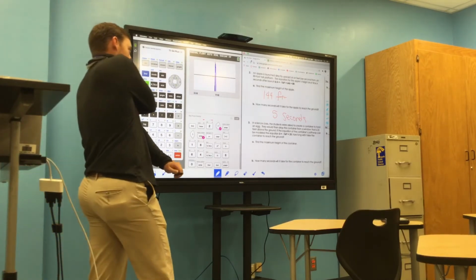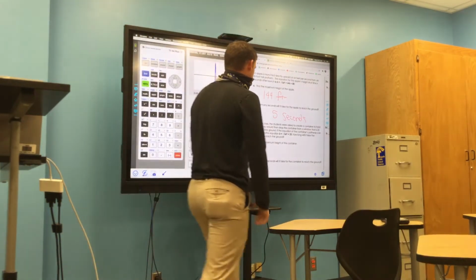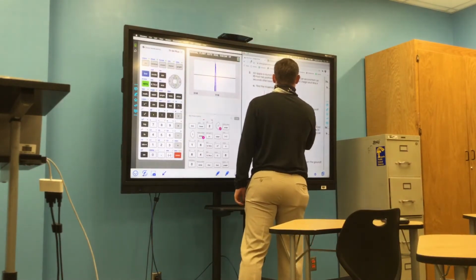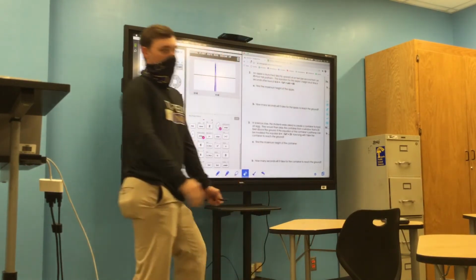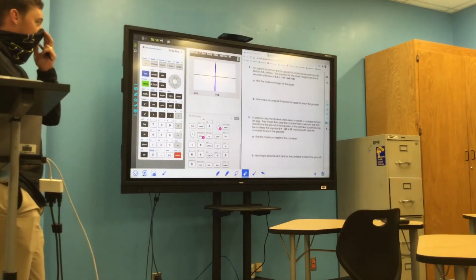Let's look at 3. 3 is basically the same problem, so I don't want to look at 3. See if we got another one.